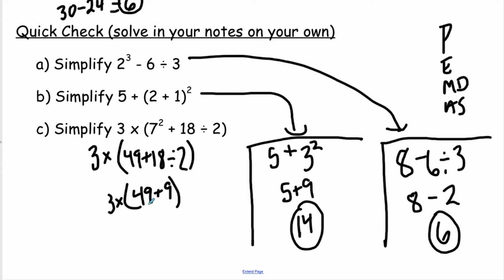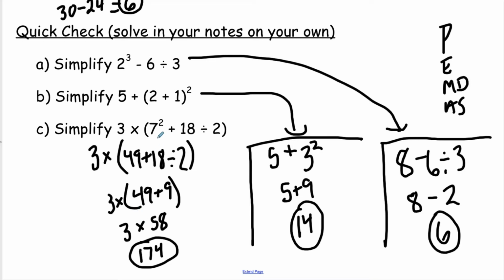Okay, and now I've got parentheses, just addition, very easy. 49 plus 9 is 58, and then 3 times 58, do a little multiplication on the side if you need to. You should end up with 174. So taking a look at that again, parentheses first, within there, exponents came first, then division, then addition, and then I finished up with my multiplication.